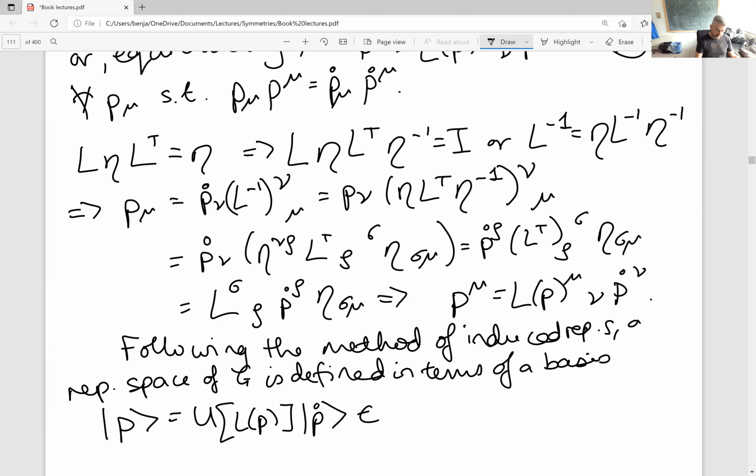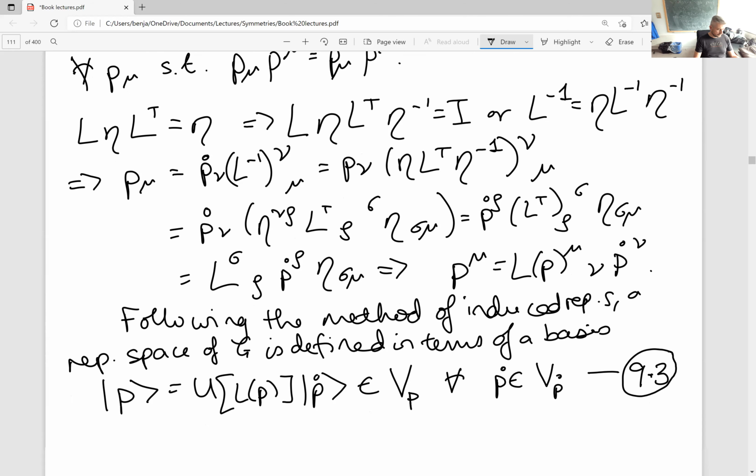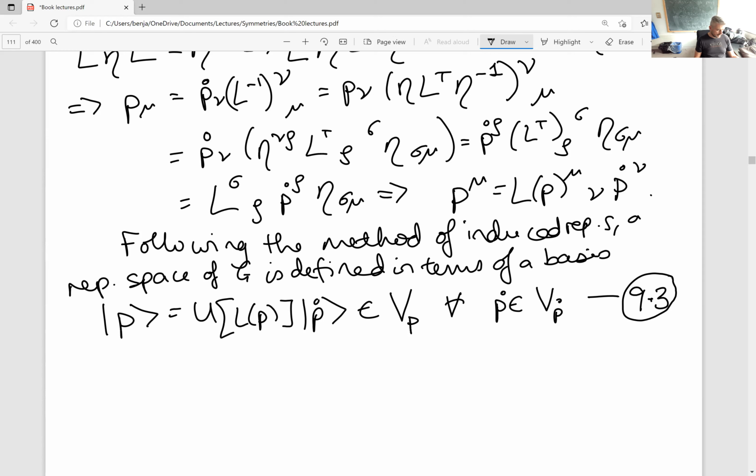And this is in the representation space of P for all P dot in V P dot.